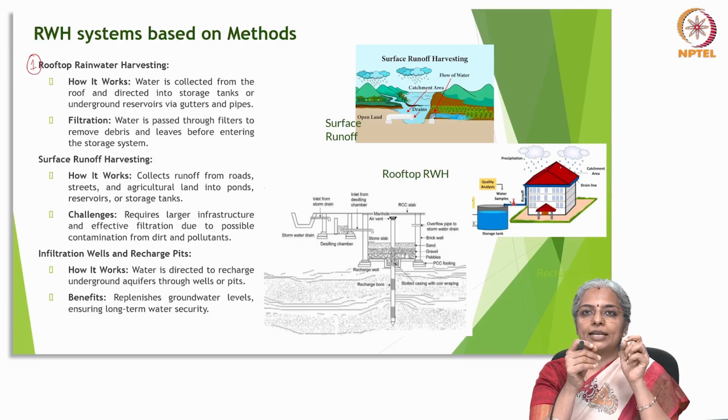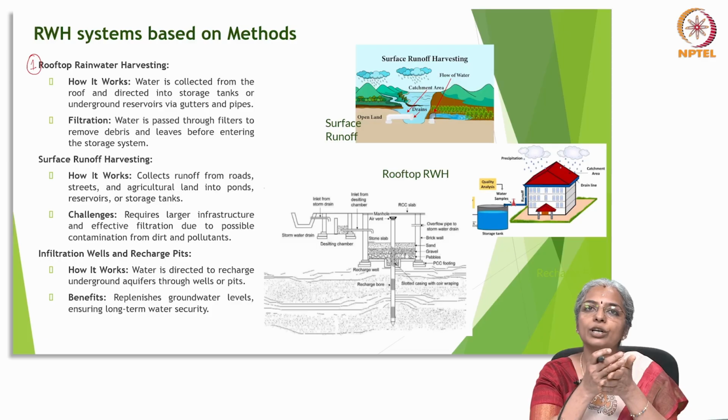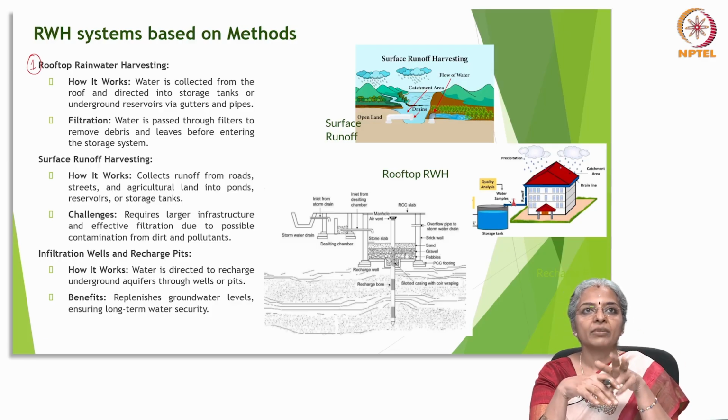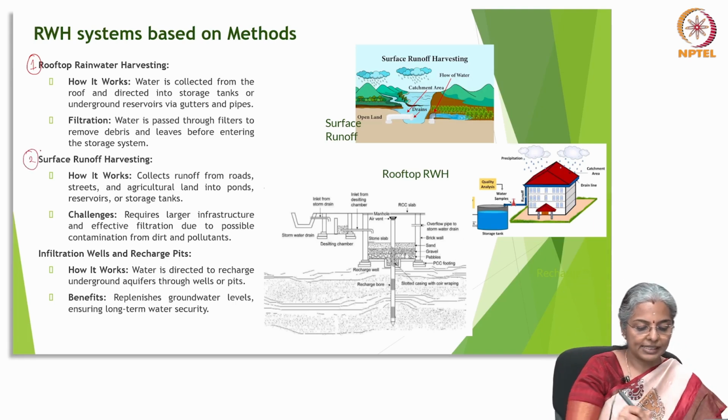Mandatorily filtration has to happen because this water comes from the terrace and it could carry with it a number of debris, leaves, plastic and things like that, and therefore it has to be filtered before you take it to the storage system.